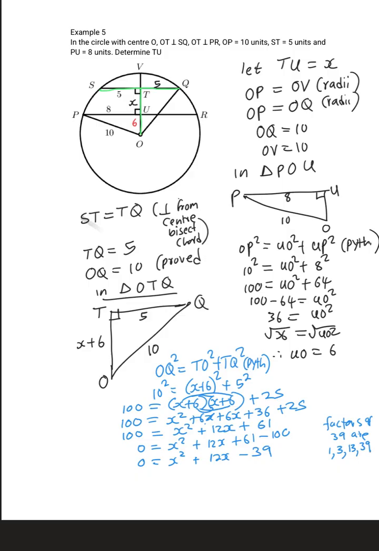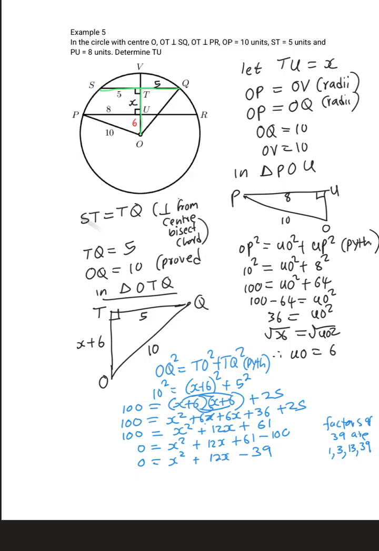So you can ask yourself, which two factors of 39, when you multiply them and when you add them, will give you a 12? You can see that the combination can never work, right? So that's why we have to use the quadratic formula.